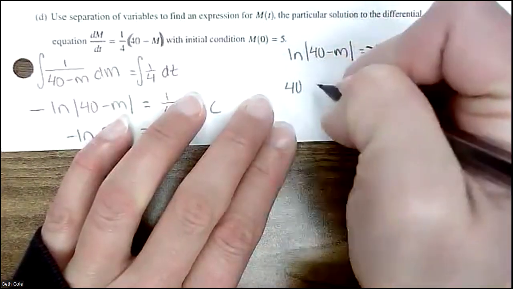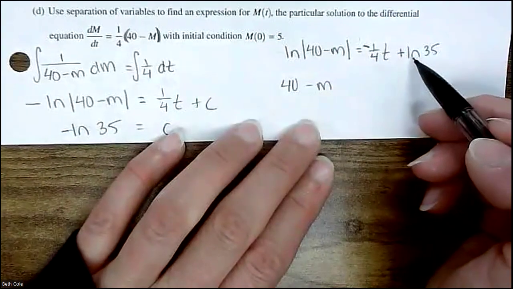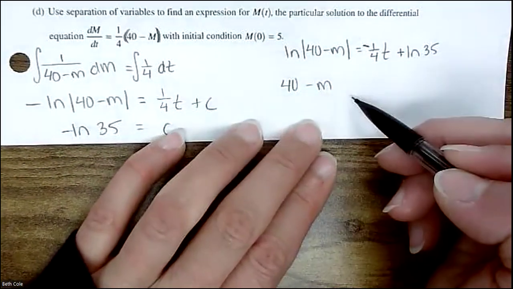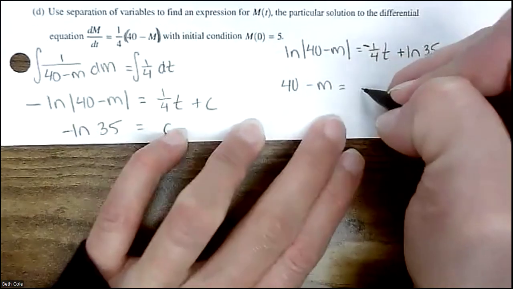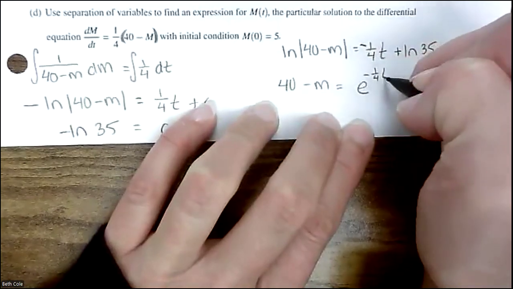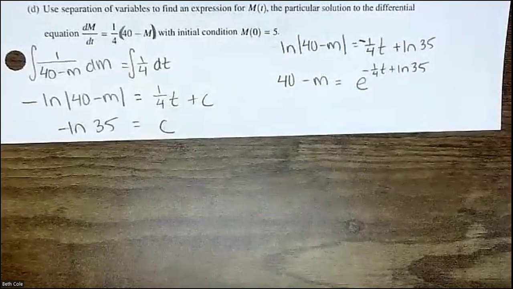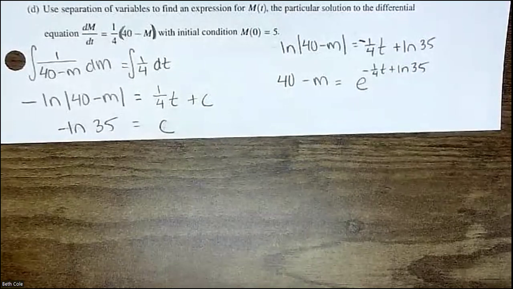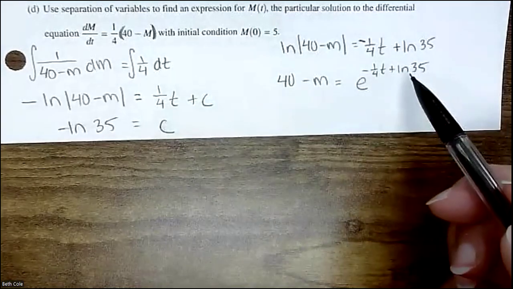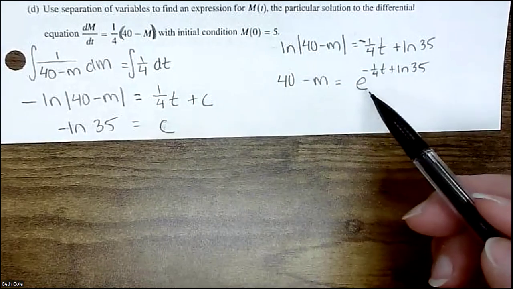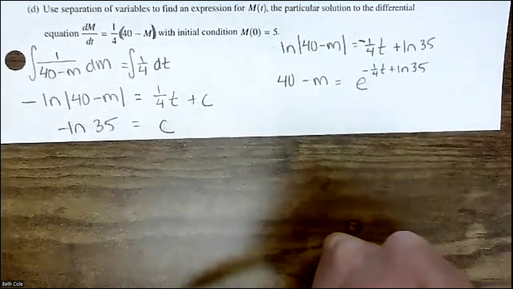E both sides, exponentiate. If you want to cancel out the e and the ln and bring the 35 out front, you can. And I think the last time I did one of these, that's how I did it. But you're within your rights to just do that. And it's safer because you're not doing anything. But if you wanted to get fancy and write 35 e to the negative 1/4 t, you could do that.